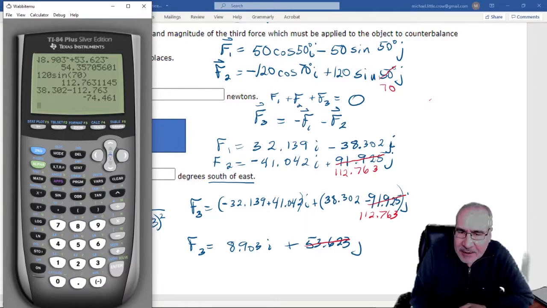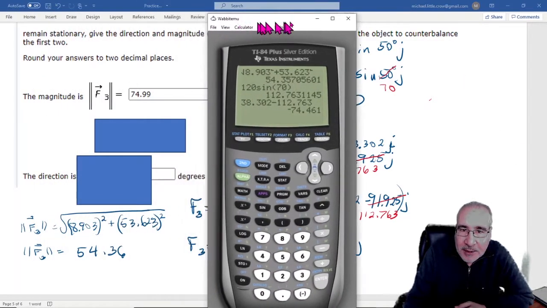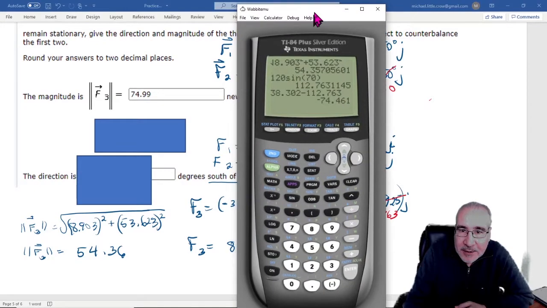And again, I never corrected this. It should not be plus, it should be minus 74.461. And so with that in mind, let's see if we can now match this.